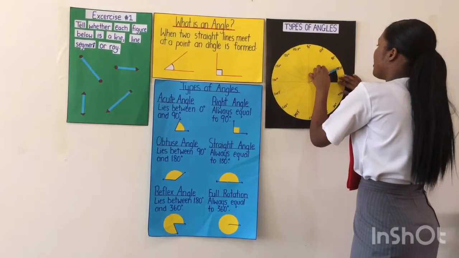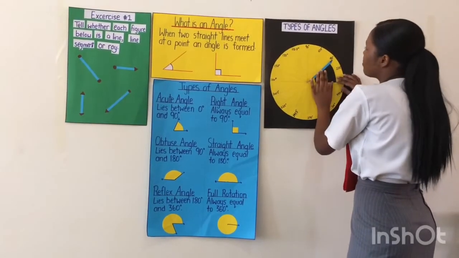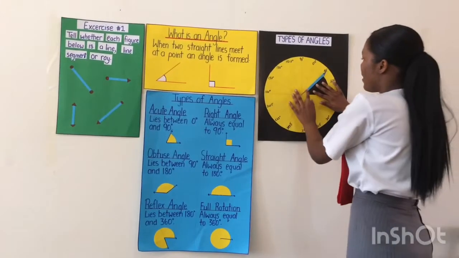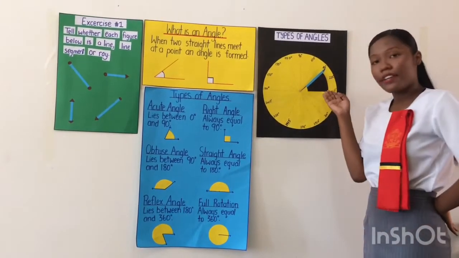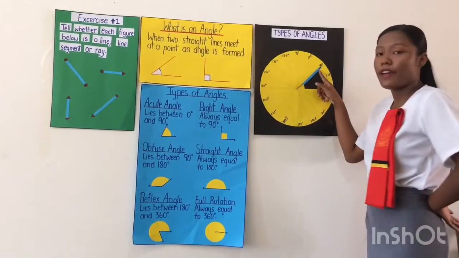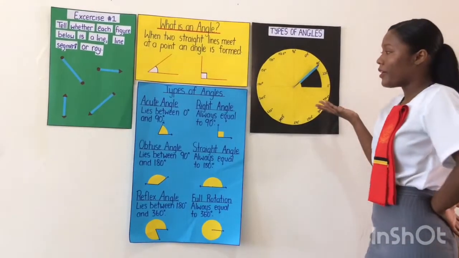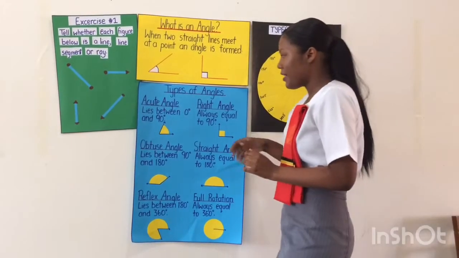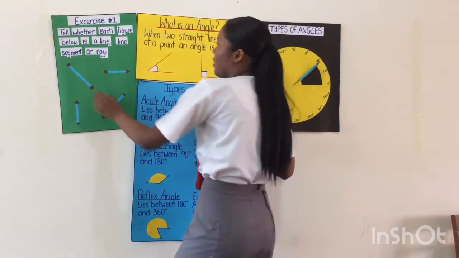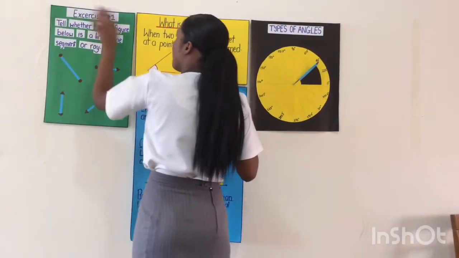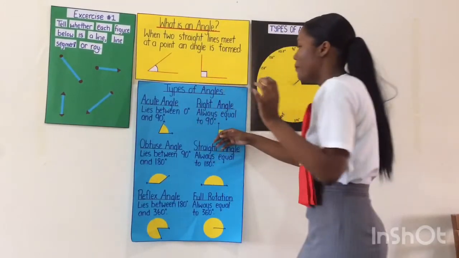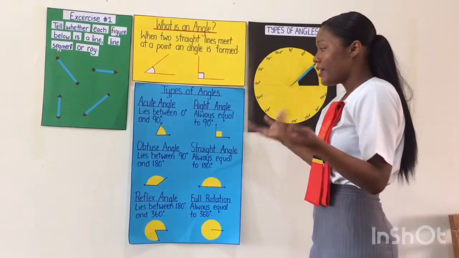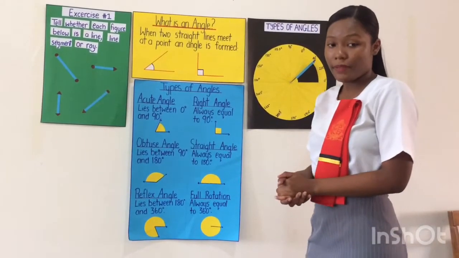Good. So let's use our makeshift protractor and put it to an angle that is less than 90 degrees but more than 0. And here we have an acute angle, and this angle is 45 degrees. And this is what we call an acute angle. So, guys, next angle we're going to look at is our right angle. We're going to find it on the board, our board of things. So our right angle, as we said before, is always equal to 90, right?